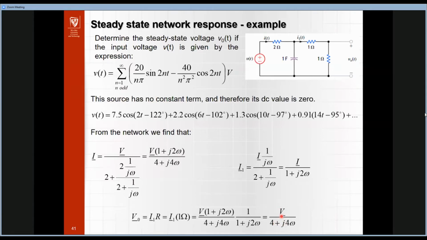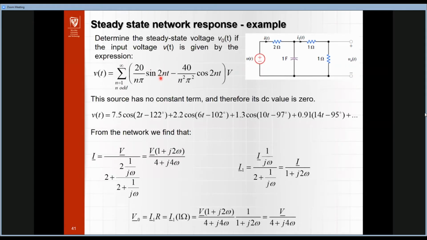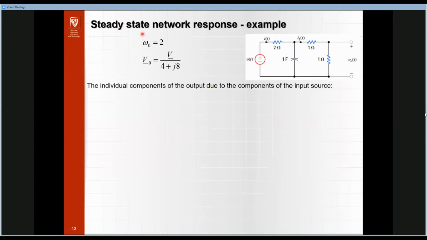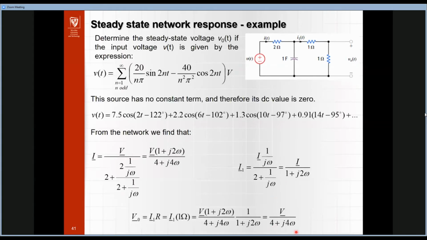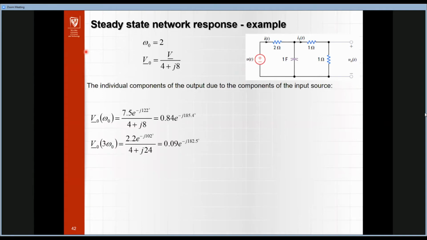So we have the relationship between the input voltage and the output voltage. And we know from this that omega is omega 0, so we can put omega 0 in this expression. So these are the individual components of the output due to the components of the input source.